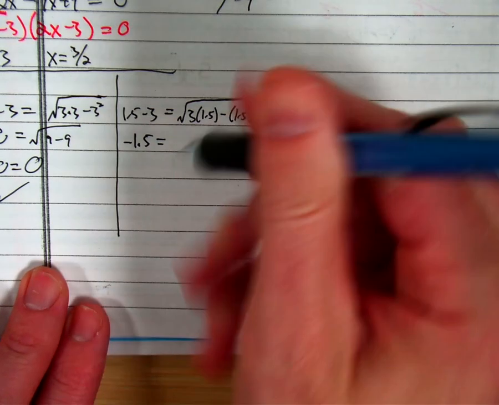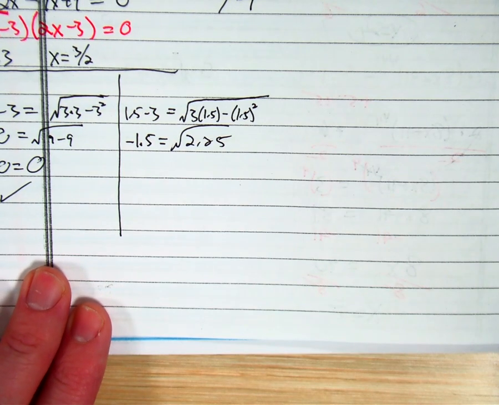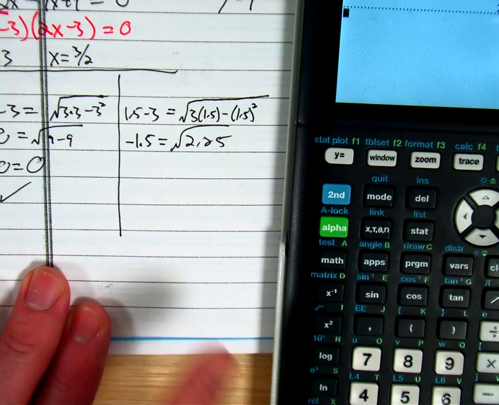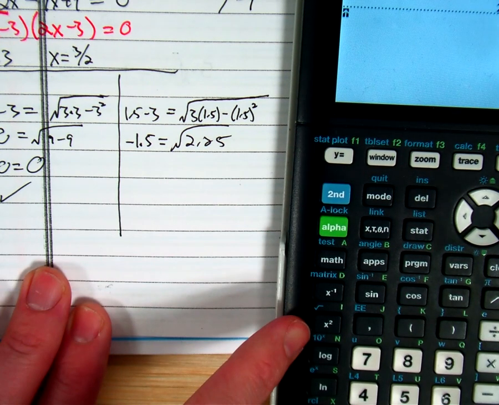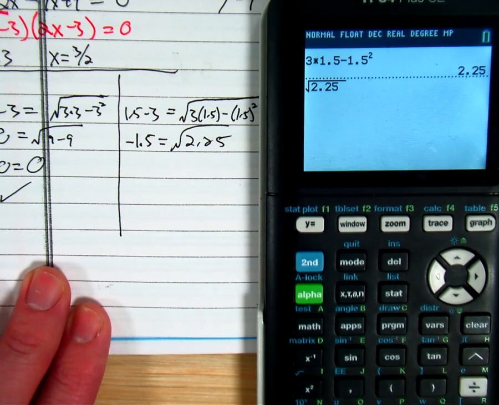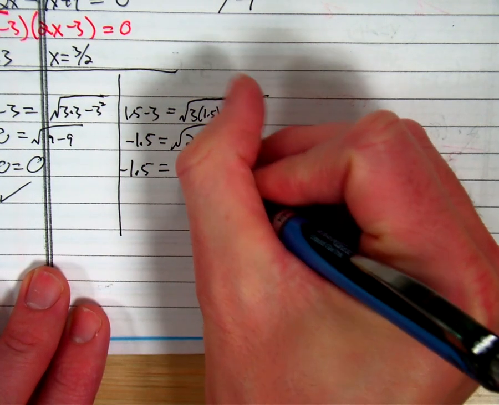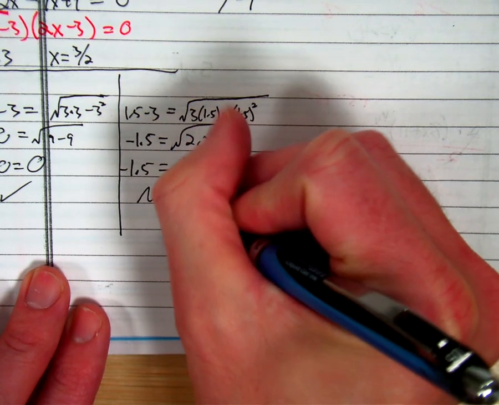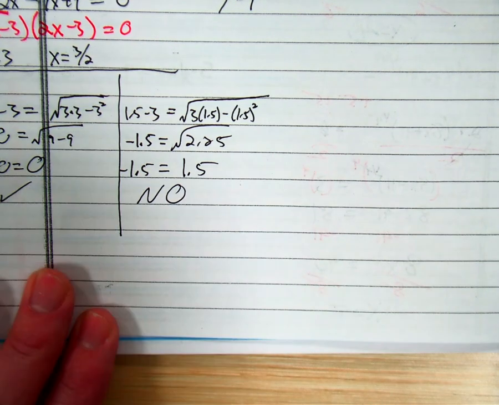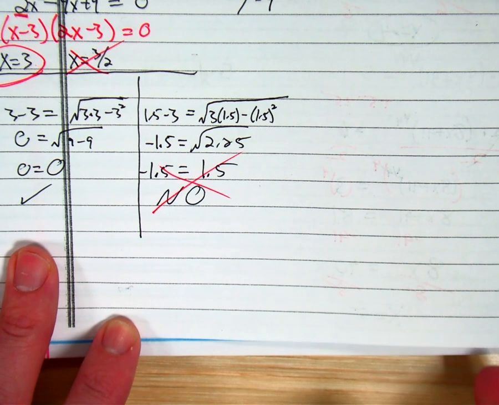So we got a square root of 2.25, which is 1.5. Does negative 1.5 equal positive 1.5? No. So I cross that one out, and we only take the x equals 3.